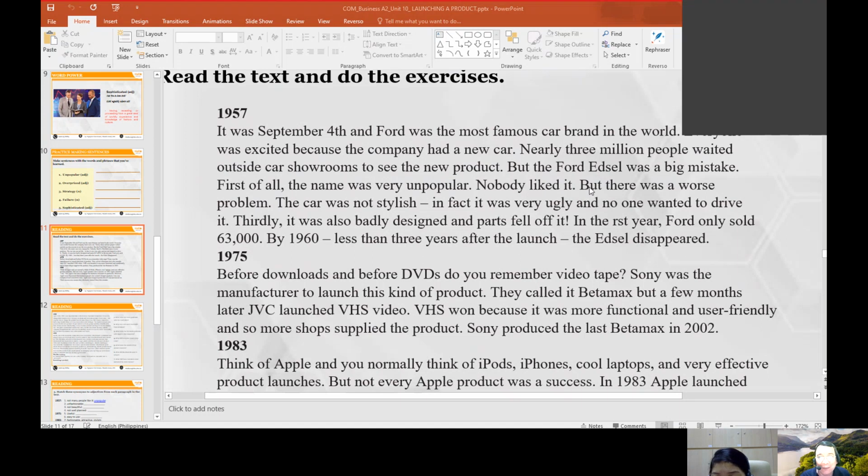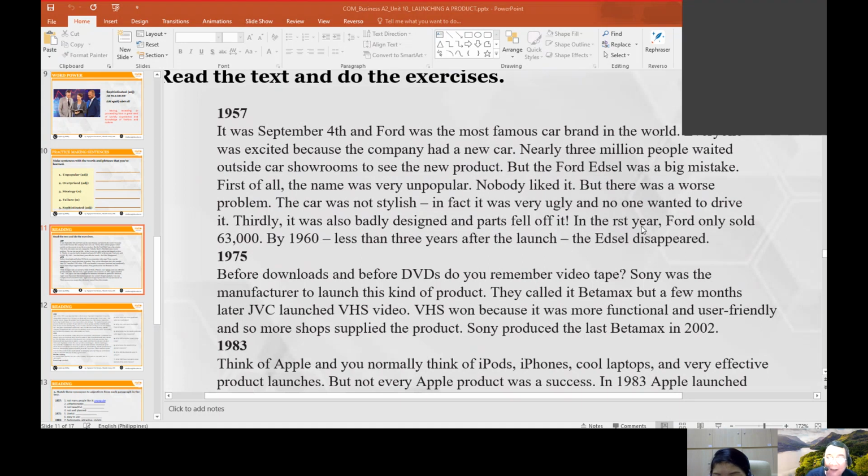But there was a problem. The car was not stylish. In fact, it was very ugly, and no one wanted to try it or drive it. Thirdly, it was also badly designed and parts fell off it.